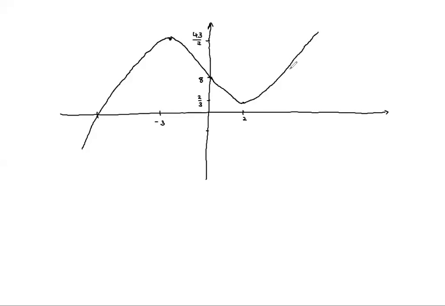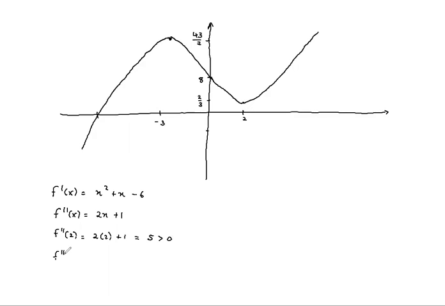Alternatively, you can differentiate the first derivative. So the first derivative was what? x squared plus x minus 6. So you can differentiate it again. You get 2x plus 1. Substitute those values. So what is f double prime of 2? You get 2 times 2 plus 1, which is 5. This is greater than 0.